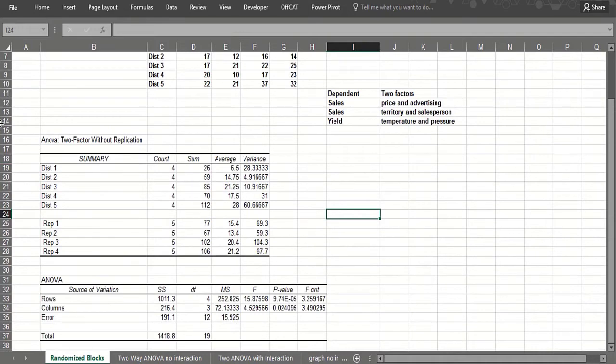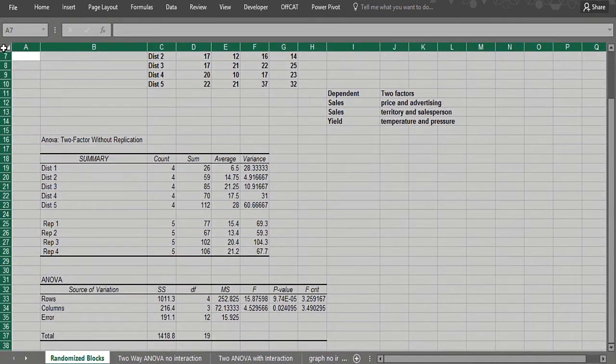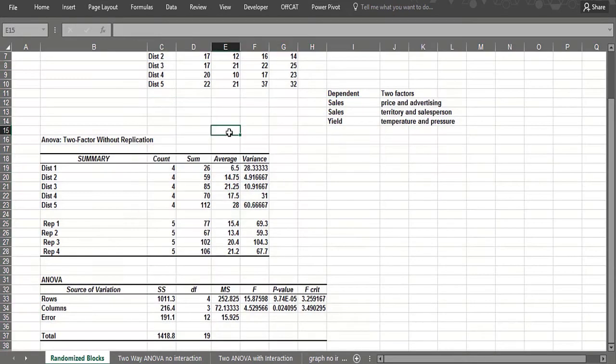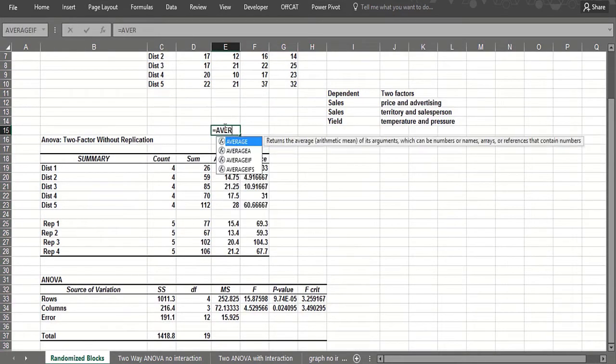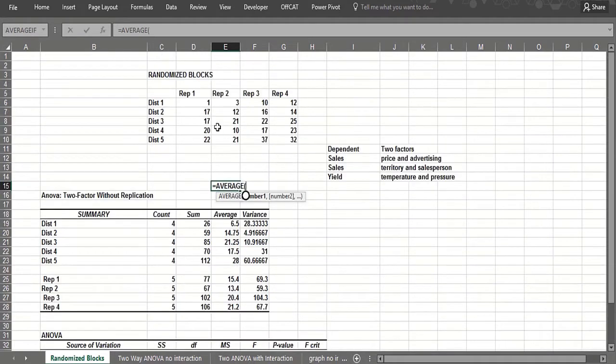Now the question is, what do we have here? What does it tell us? Well, we have the mean effects. We have the overall mean. If we just average all these data points, or just average the averages, it doesn't matter. The average is, I think, 17.6. So on average 17.6 hundred units, or whatever we want to call it, were sold. And then we want to know what are the effects for each district and each representative. So we take this average here minus this.